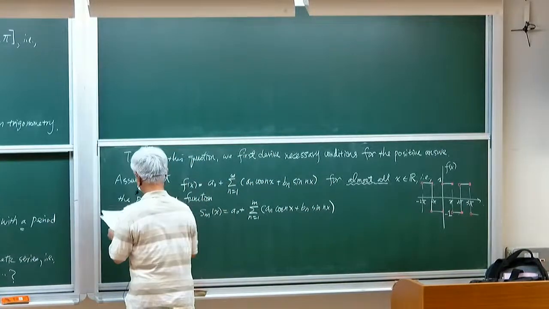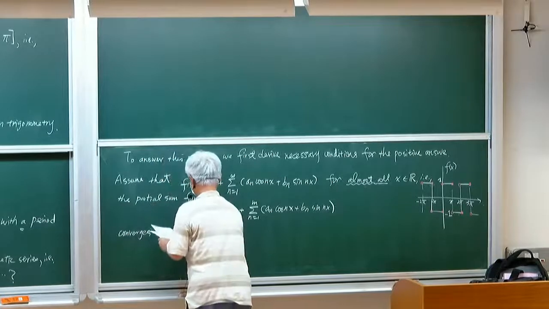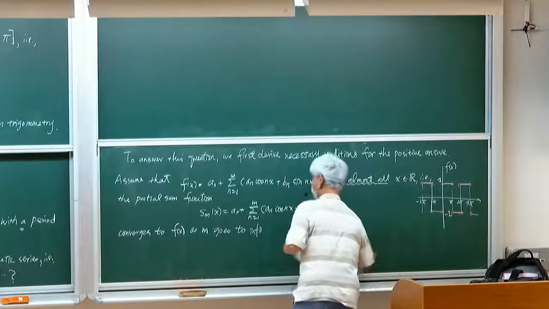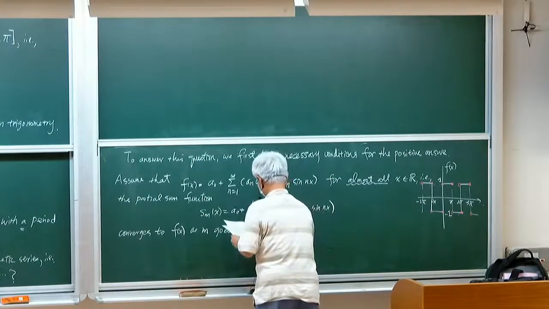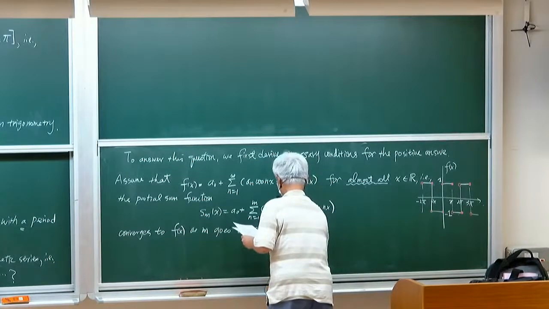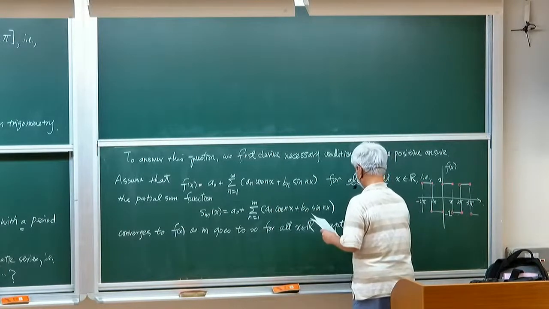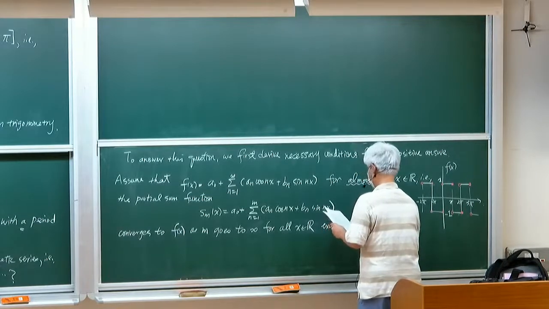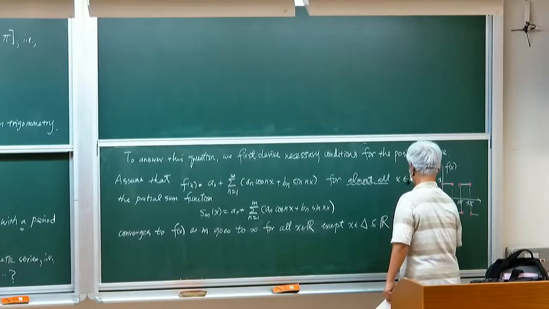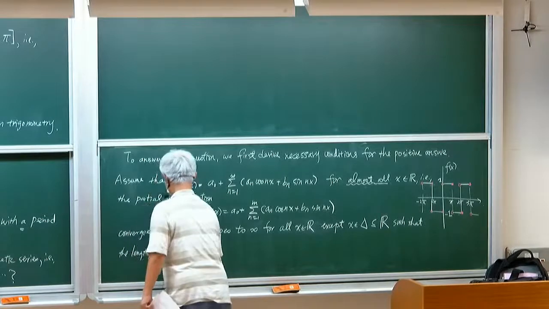So the partial sum function converges to f of x as m goes to infinity for almost all x in R, except x in some set delta such that the length of delta is 0.